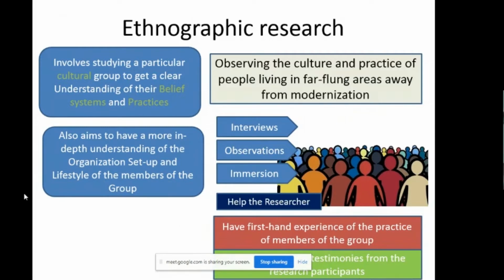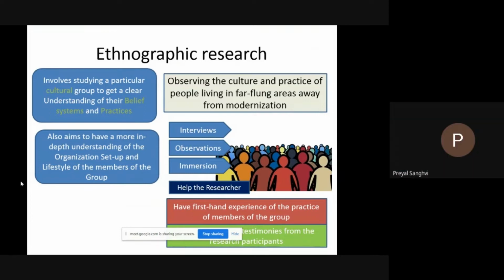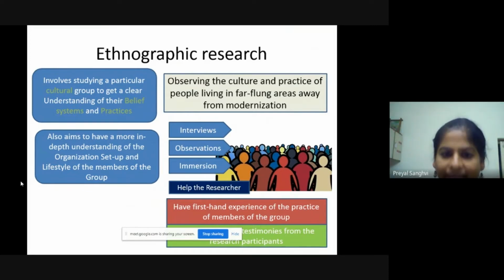Here is one example of ethnographic research. For example, if I want to observe the culture and practices of people living in far-flung areas away from modernization, I want to understand their lifestyle, their belief system, their morals, and their values, who are staying in rural areas.